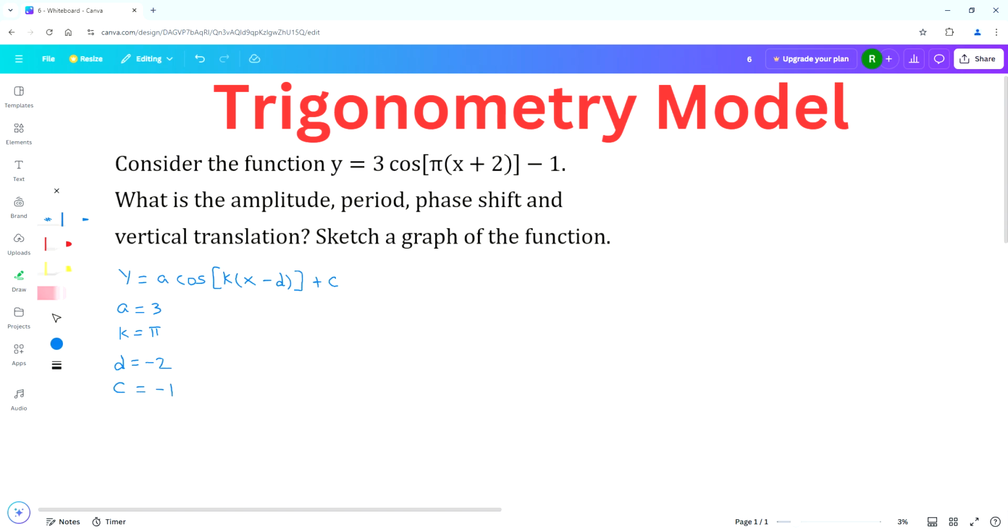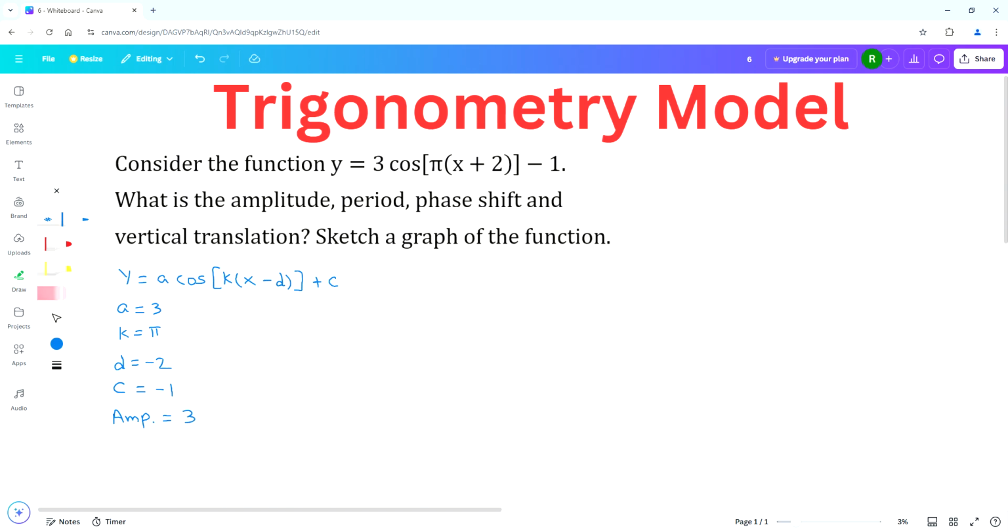Now we can find the amplitude. Amplitude is equal to absolute value of A. In the given equation, A value is positive, so amplitude is equal to 3.